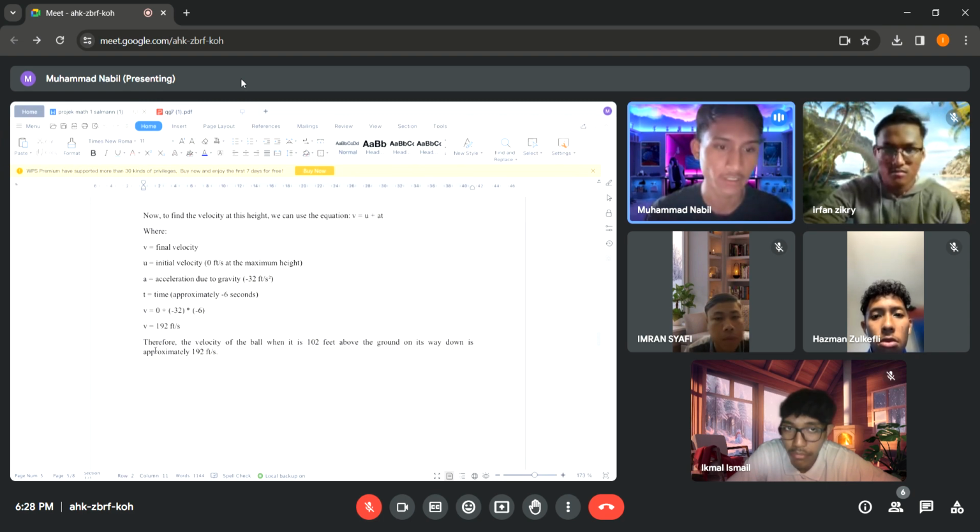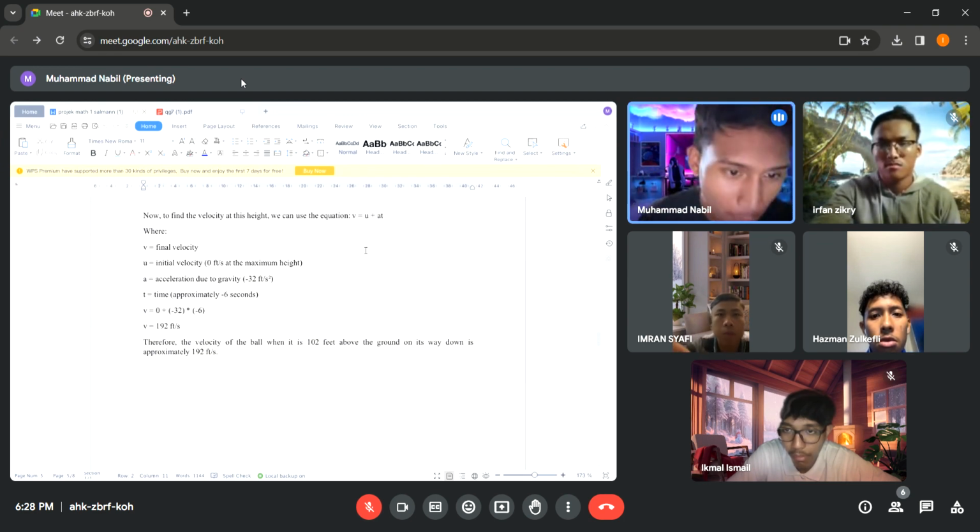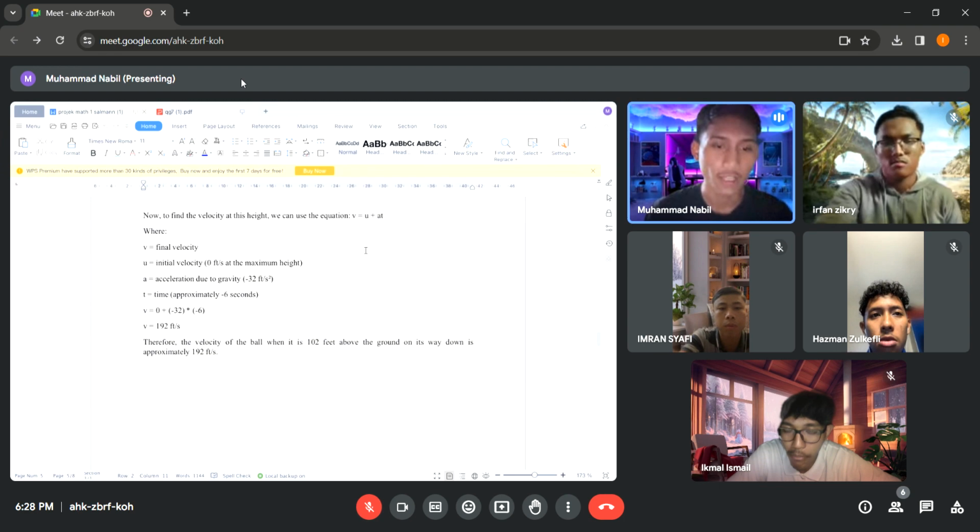So we will get 192 feet per second. Therefore, the velocity of the ball when it is 102 feet above the ground on its way down is approximately 192 feet per second.